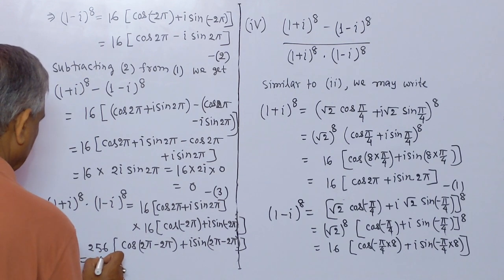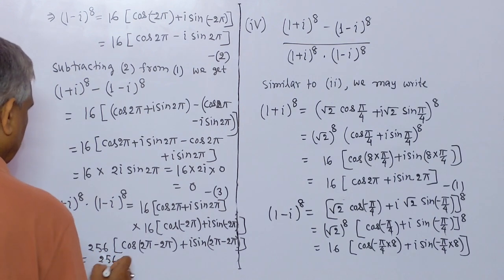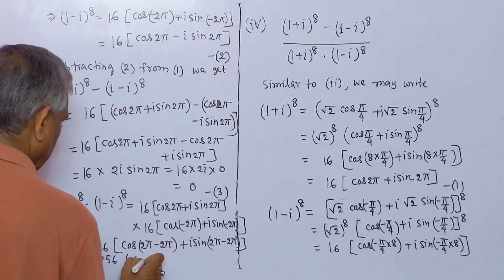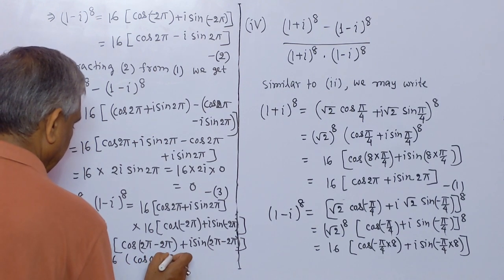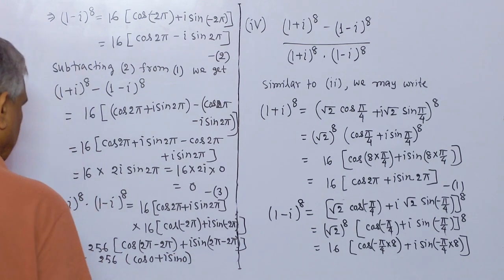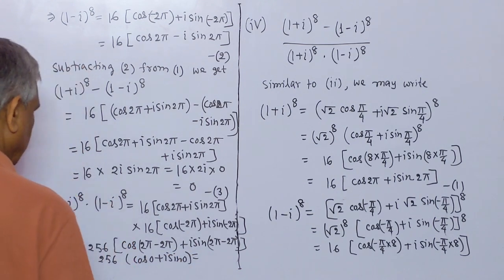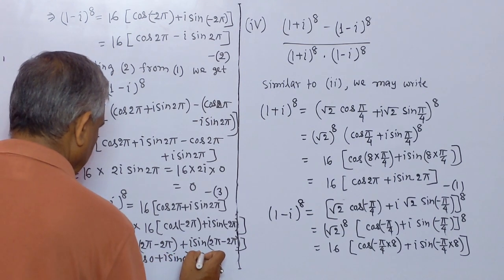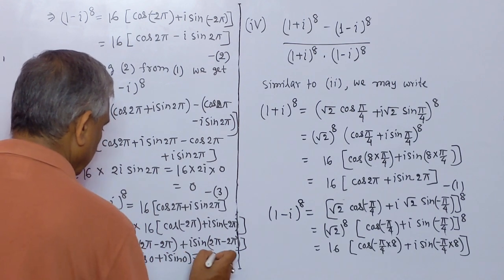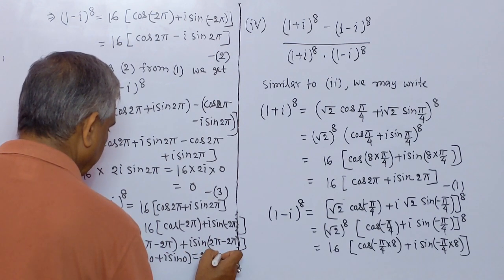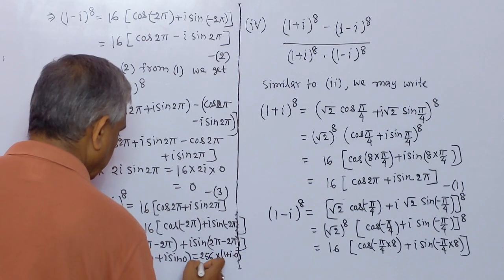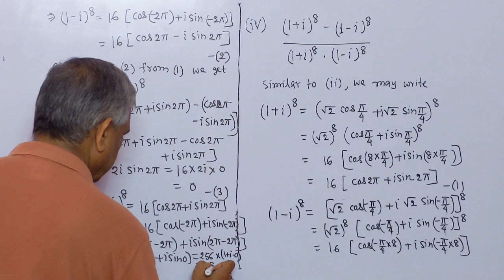This means 256, this is cos 0 plus I sin 0. This equals 256 multiplied by cos 0, which is 1, and sin 0 is 0. 1 plus I into 0 means 256.